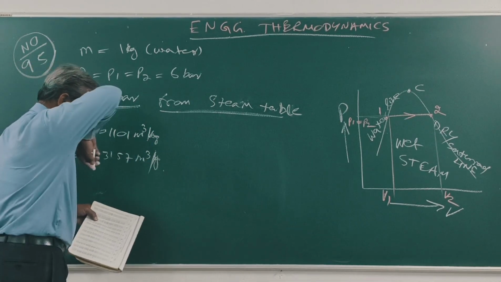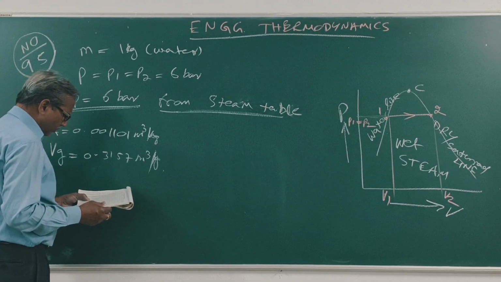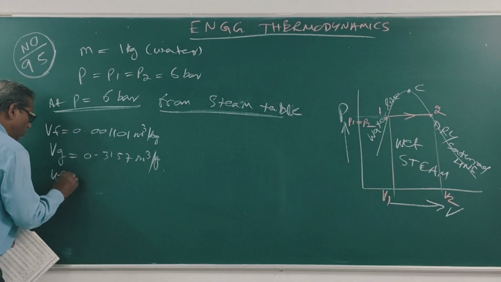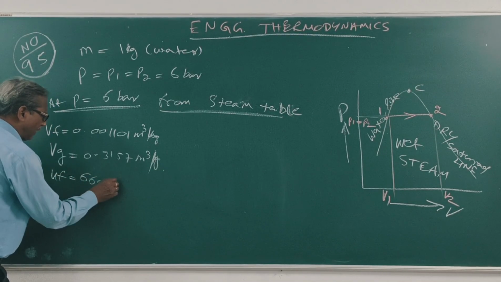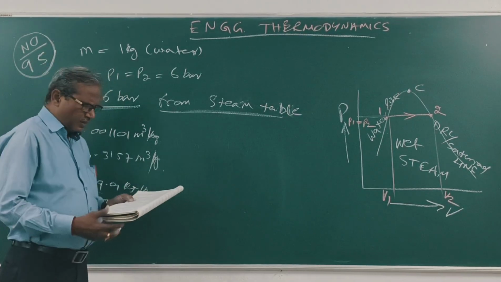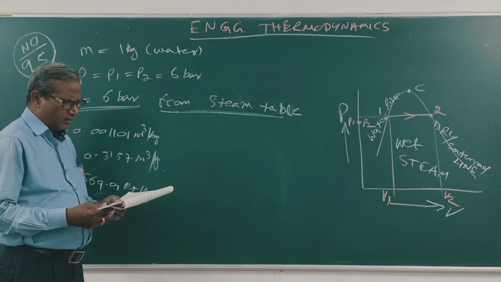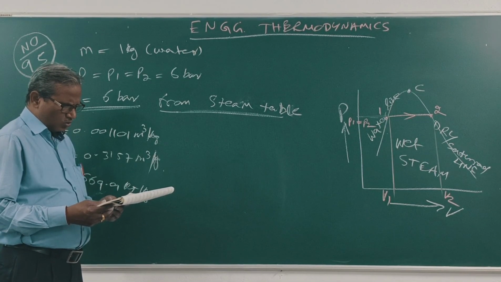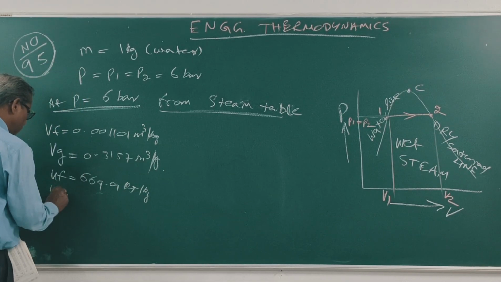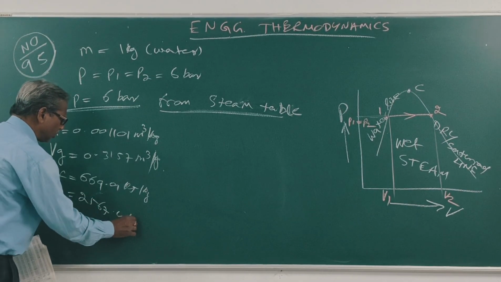Similarly, uf is equal to 669.9 kilojoule per kg. Clear? The ug is equal to 2567.4 kilojoule per kg.